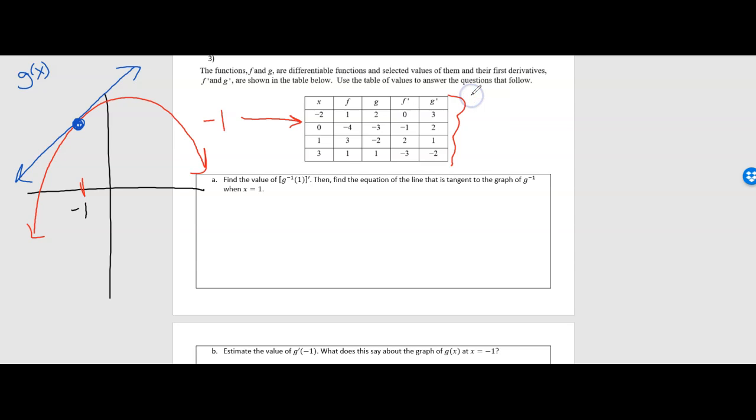Now, if we can find 2 points right on either side of x equals negative 1 and find the slope of the secant line between those points, again, I am not drawing my lines very well today.